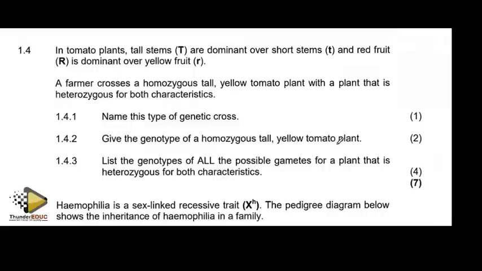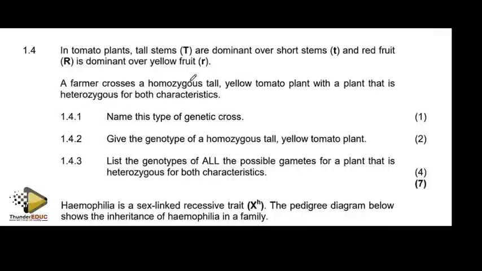In tomato plants, tall stems are dominant over short stems, and the red fruits are dominant over yellow fruits. A farmer crosses a homozygous tall, so it's going to be capital T, with the yellow.